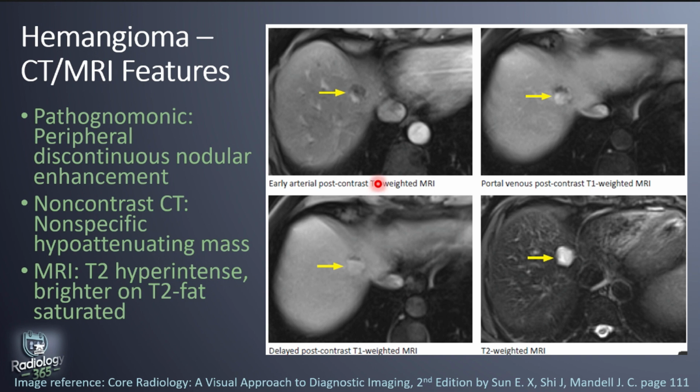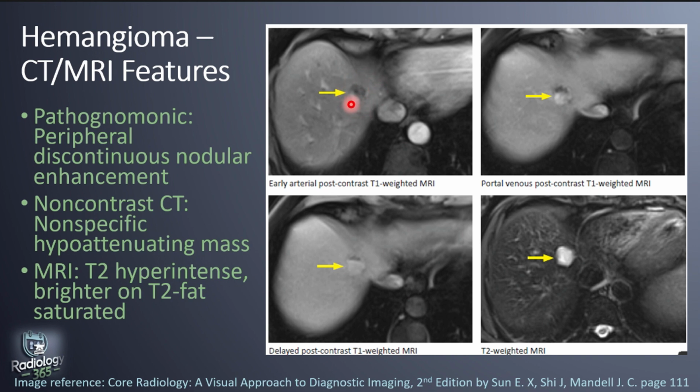We have the early arterial in the top left here, and all the way to the delayed, that's the bottom left image here. And this shows a segment 8 lesion pointed to by the arrow and demonstrates peripheral discontinuous nodular enhancement.